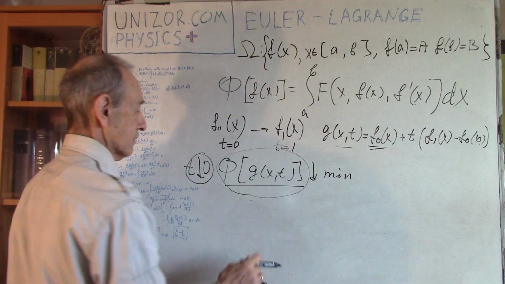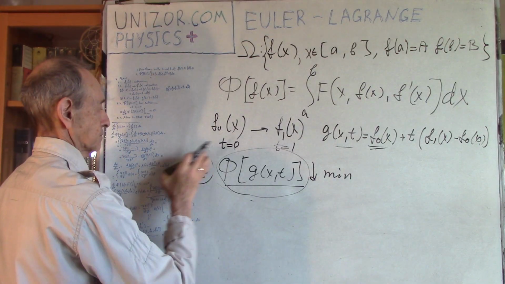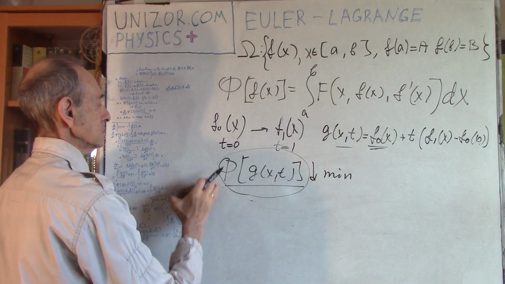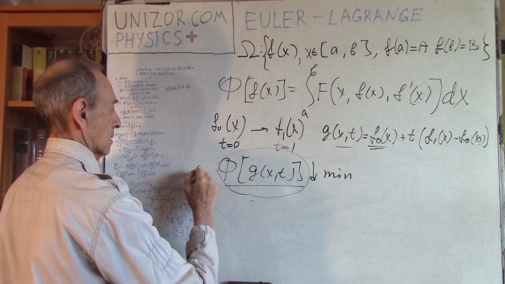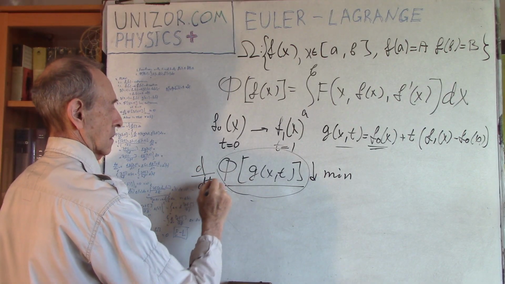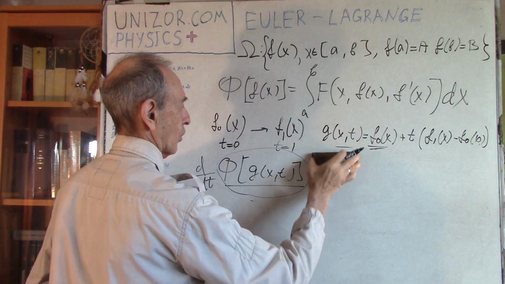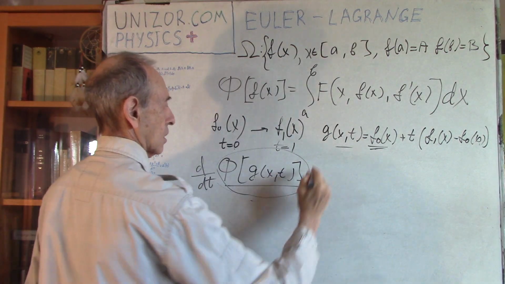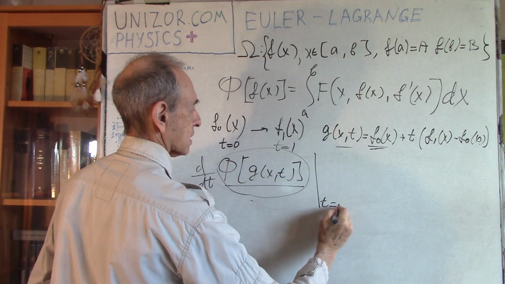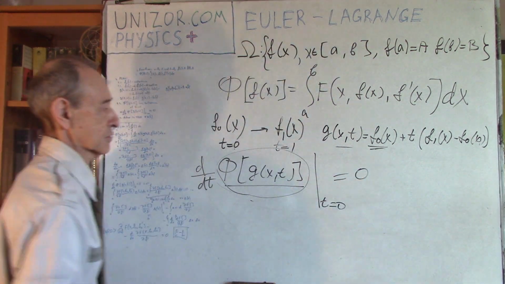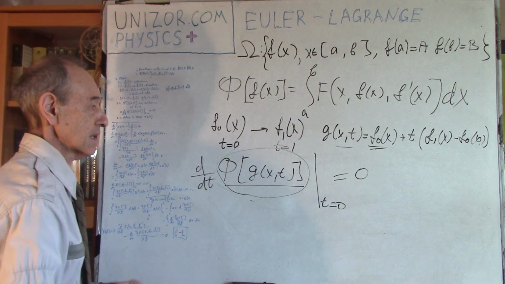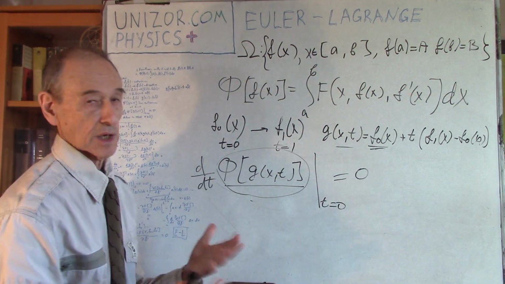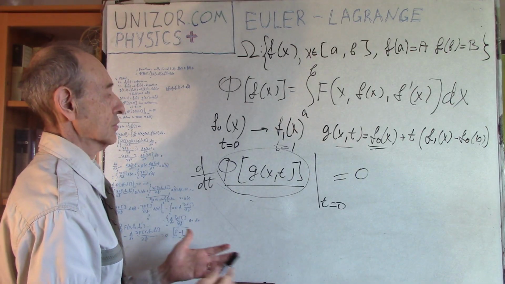So if I have a derivative of this by t, it's supposed to be equal to 0 at point t equal to 0. This is something I'm going to calculate.